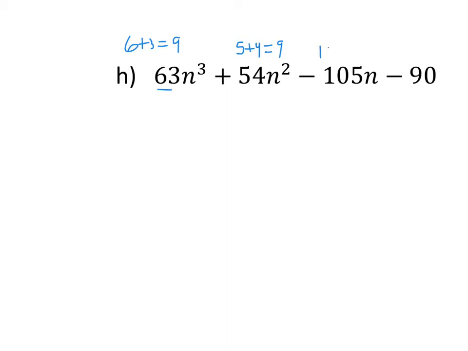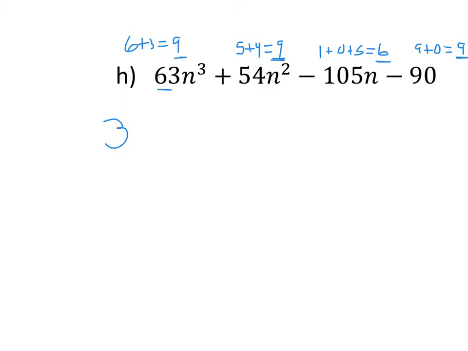If I add 1 plus 0 plus 5, I get 6. And if I add 9 plus 0, I get 9. If you look at these results, it looks like I have 3 9s and a 6. They are each divisible by 3. So that tells me right there that I can pull out a 3. Just a little divisibility trick.